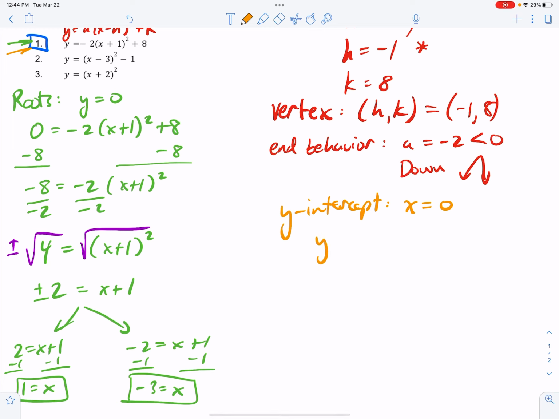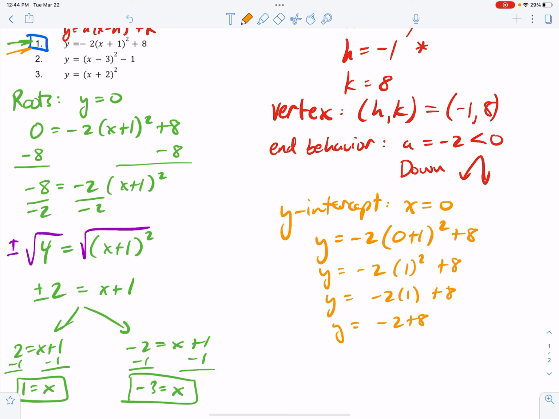So the equation is y equals -2 times 0 plus 1 squared plus 8. And now I simplify. 0 plus 1 is 1. 1 squared is 1. -2 times 1 is -2. -2 plus 8 is +6. And that is the y-intercept.